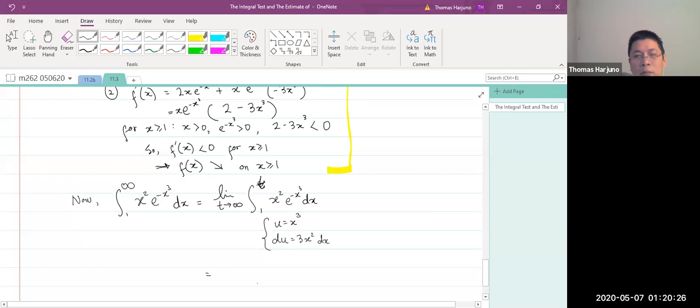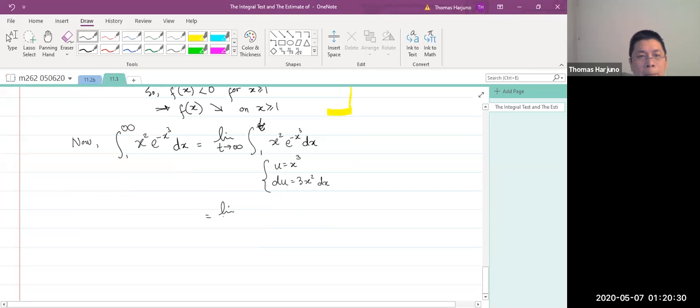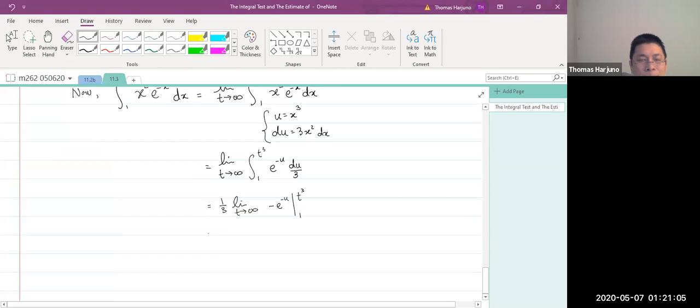The integral will be the limit as t goes to infinity of the integral from 1 to t cubed of e to the negative u du over 3, which is 1/3 times the limit of negative e to the negative u from 1 to t cubed, which equals 1/3 times (1 minus the limit as t goes to infinity of e to the negative t cubed). But that limit equals 0.